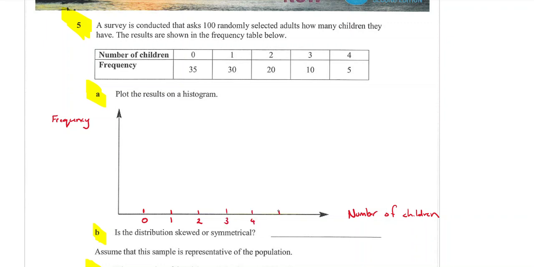And often there's an extra space because this is going to be our histogram, and you'll see why in a second. The frequency goes up to 35. How about you go up by 5s? Okay, just go up by 5s. So go 5, 10, 15, 20, 25, 30, 35. Again, they would need to be measured.